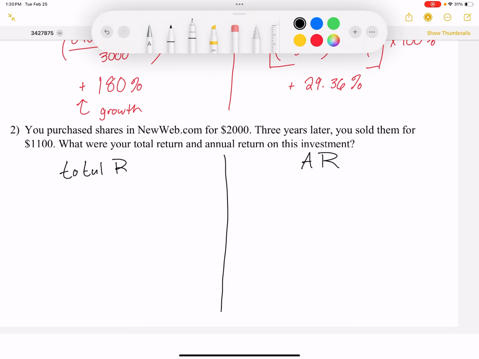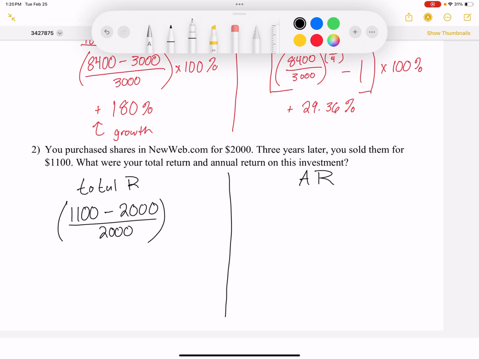So total return, I take my accumulated amount, which is $1,100, subtract my initial principal, all over my initial principal, times 100%.